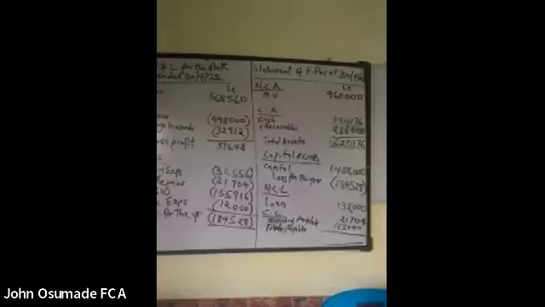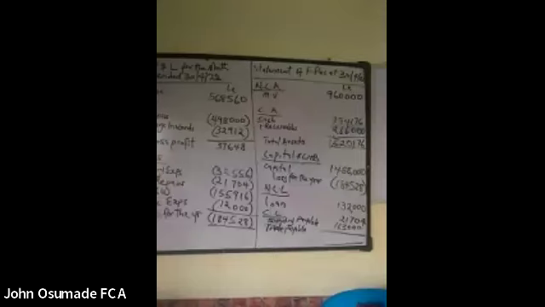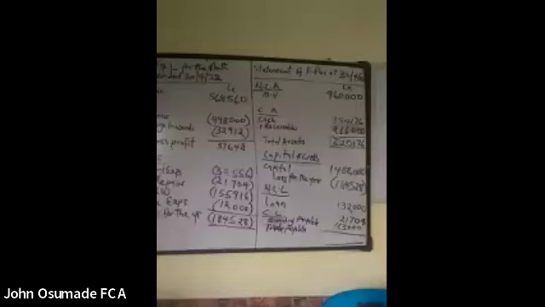Use your calculator and give me the figure. Why are you minusing? I said add. If they are not in jacket, they are not in jacket. It's the only one that is in jacket that you minus.